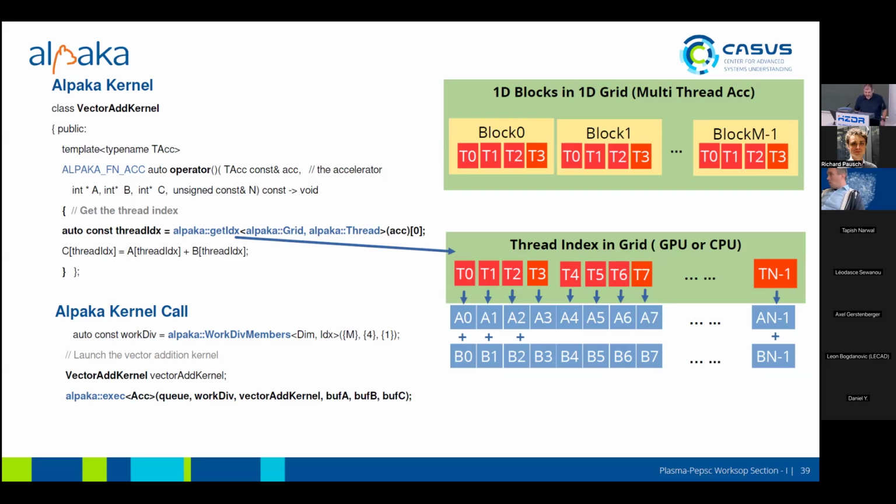Get IDX is actually not returning, I mean, it's not returning a thread index, it's returning the index of an element to process. No, it is returning the thread index. But for now, we are using the thread index to access the data. It shouldn't be like this.